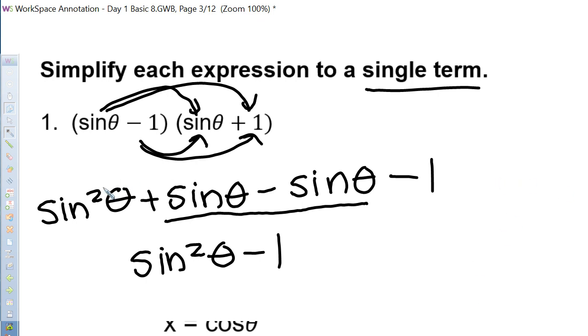Now, over here, instead of sine squared of theta minus 1, what is sine squared minus 1 equal to? Negative cosine squared. So that is my answer. Negative cosine squared of theta. So make sure you have that angle theta. So now my answer is down to only one term.